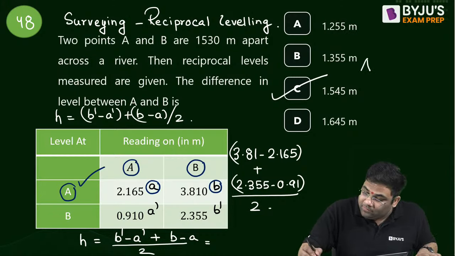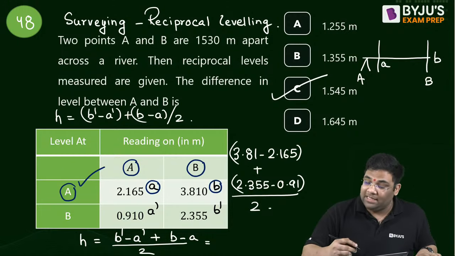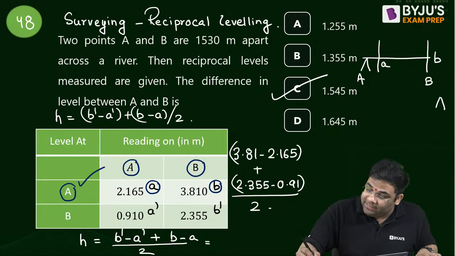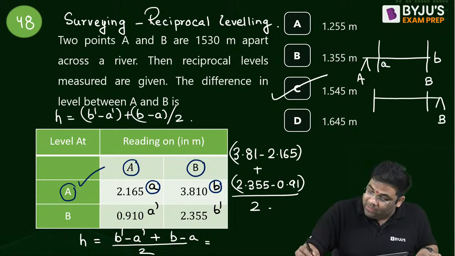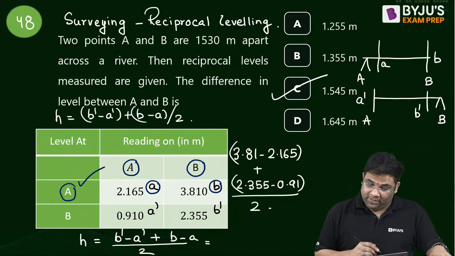You see, this reading is A and this reading is B. When you exchange it, this is B station only. This reading is B dash and this reading is A dash. Understood? Don't get confused. Very good.